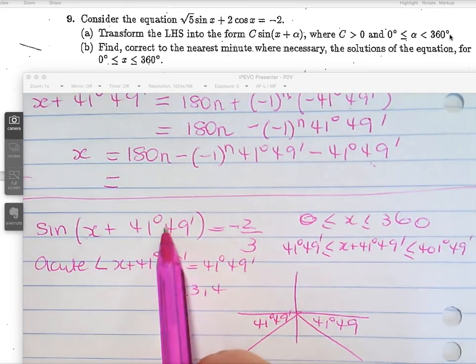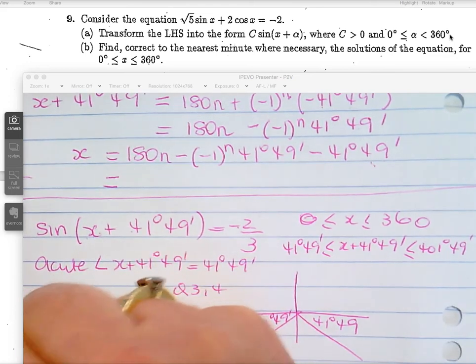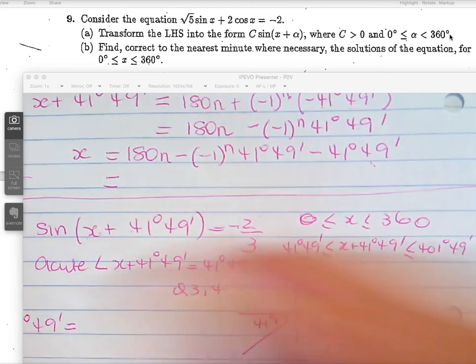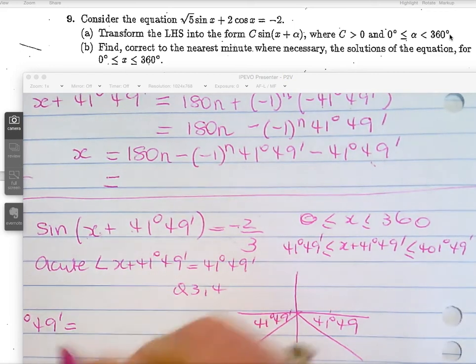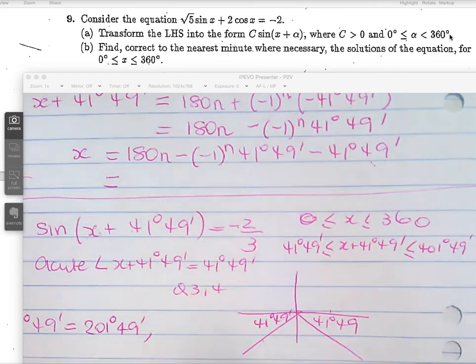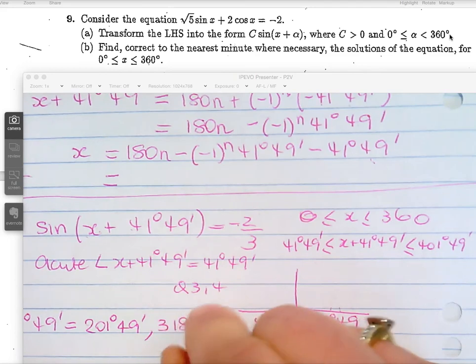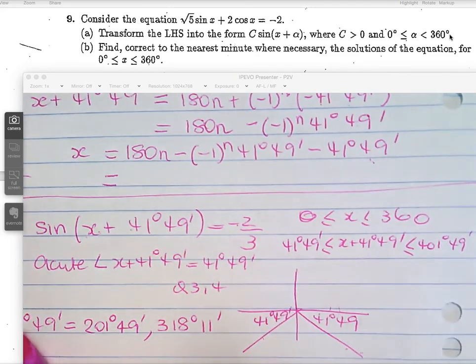You're not solving just for x, you're solving for x plus 41 degrees, 49 minutes. Quadrant 3 is 180 plus that, which is 221/49. Quadrant 4 is 360 minus that, 318/11. But now what do you do with each of these?